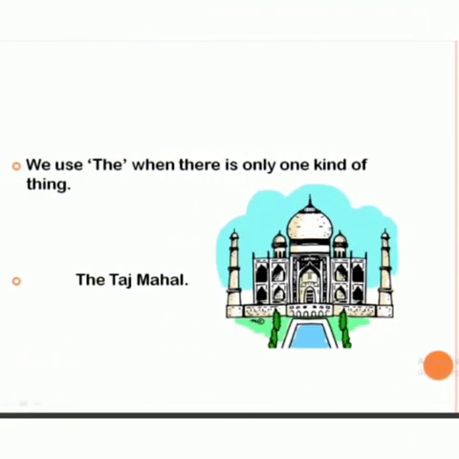We use the when there is only one kind of thing, like the Taj Mahal, the sun, the moon, like this. So children, I hope you have understood how to use articles a, an and the in a sentence.